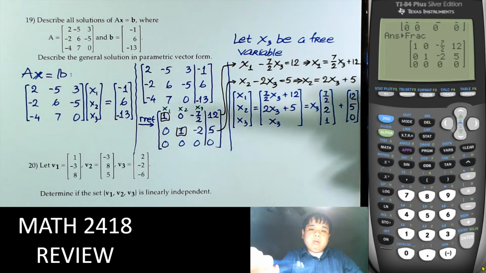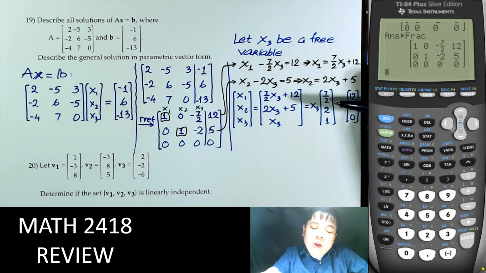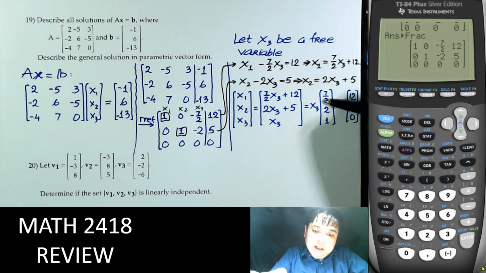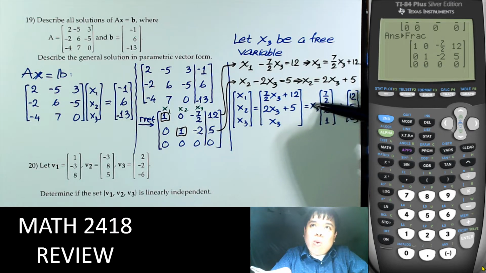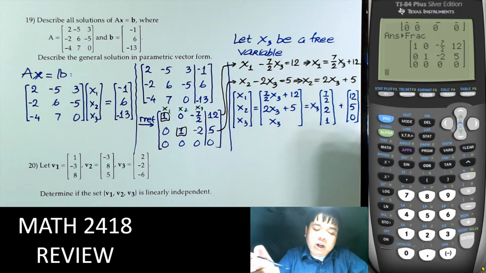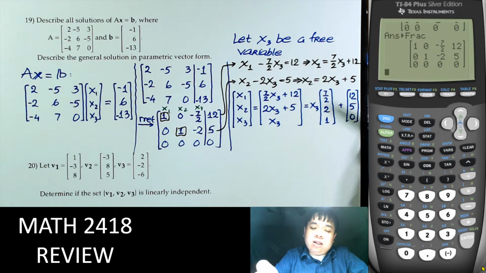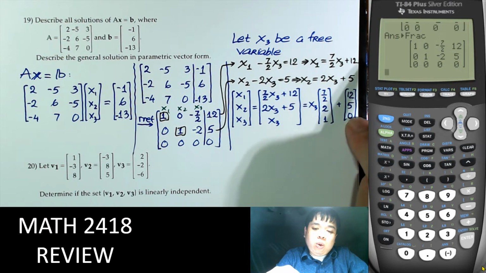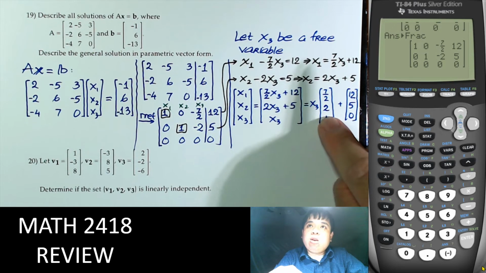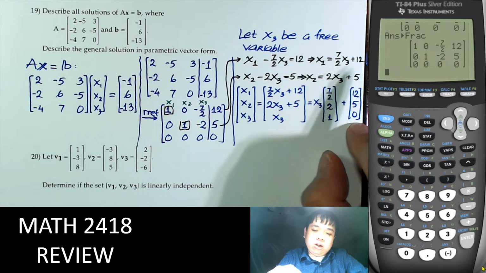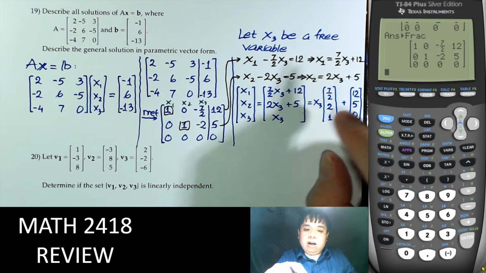So the conclusion here is that this is going to be a line because this has one parameter, so it is a one-dimensional object. It has to be a line in three-dimensional space. And this line will go through this point and it will be in that direction. So when x3 equal to 0, we go to this point, and that is the direction of the line.